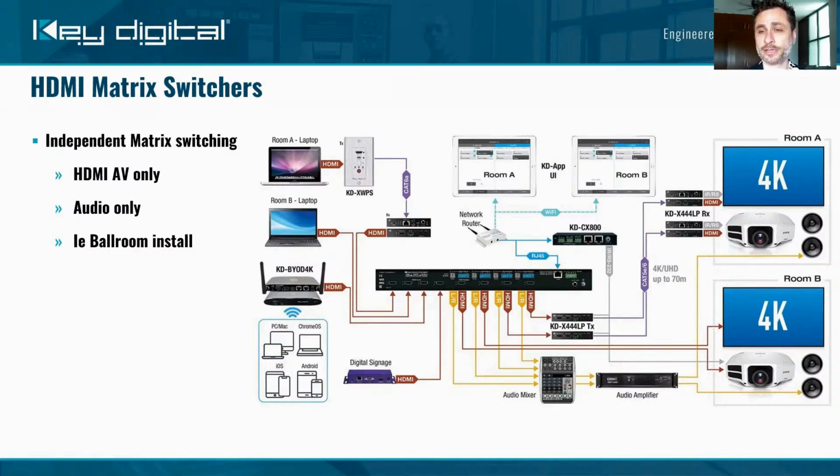Here, when you do your switching of just the HDMI AV only, those audio de-embed ports can be routed so that audio out 1 is constantly providing the audio from source 1. Audio out 2 is constantly providing the audio from source 2. Audio out 3 constantly providing the audio from source 3, and audio out 4 constantly providing the audio of source 4.